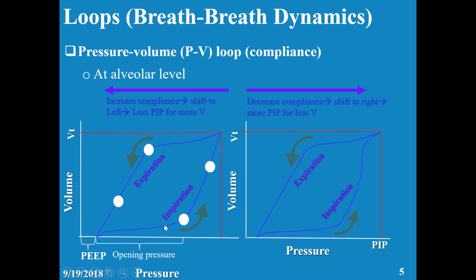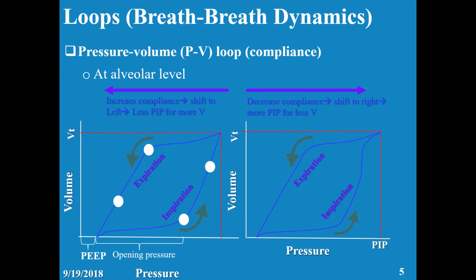Then you get a decrease in pressure with no change in volume. At some point, a little bit of decrease in pressure gives you a decrease in volume, and then you reach another point where a decrease in pressure gives less volume change.